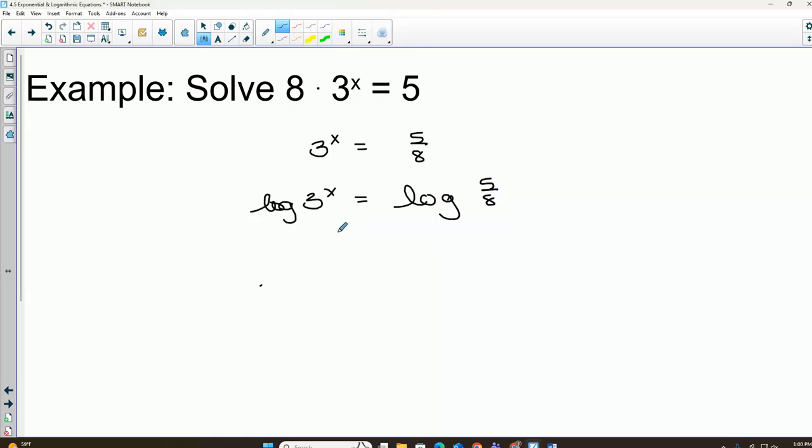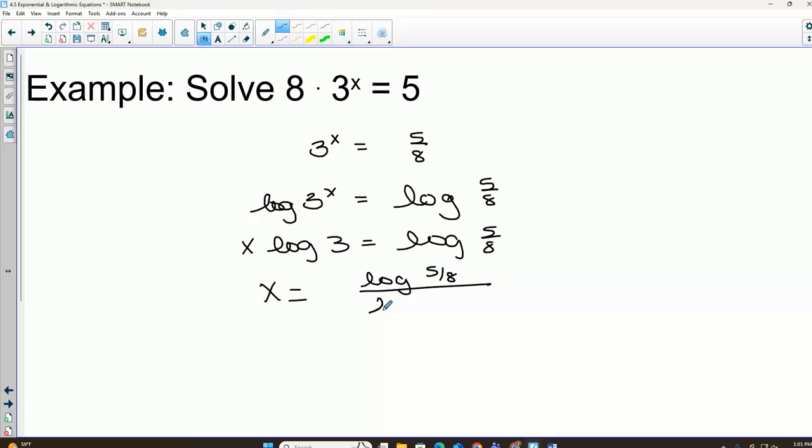Right, so the benefit of this is the x comes down, so we have x log of 3 equals the log of 5/8. So then what do we do? So x is the log of 5/8 divided by the log of 3.